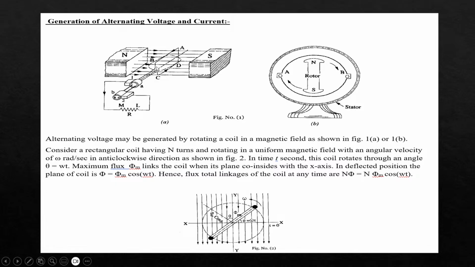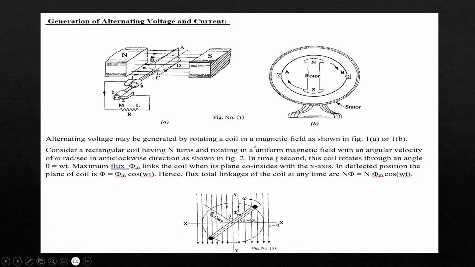There are two of these, and this is like a rotating shaft of some kind. It's called something I don't remember, it does not matter. Then there's a coil that is going to be rotated in this, and here in this case it is rotating in an anti-clockwise direction.